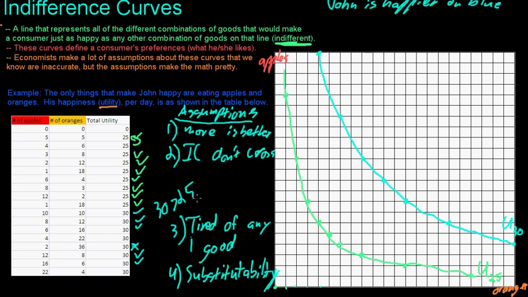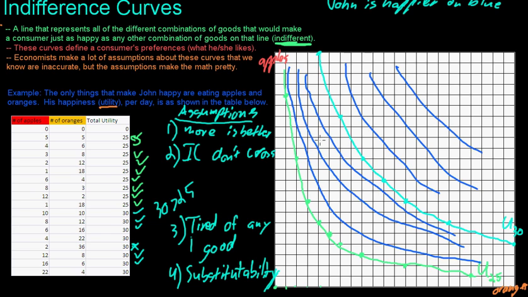So the last thing that I want to say is I said that John has infinitely many indifference curves. And what I mean by that is that there is an indifference curve that goes through every single combination of apples and oranges. So there's an indifference curve here, and there's another one here, and another one here, and then there's ones all the way out here and in every spot in between.